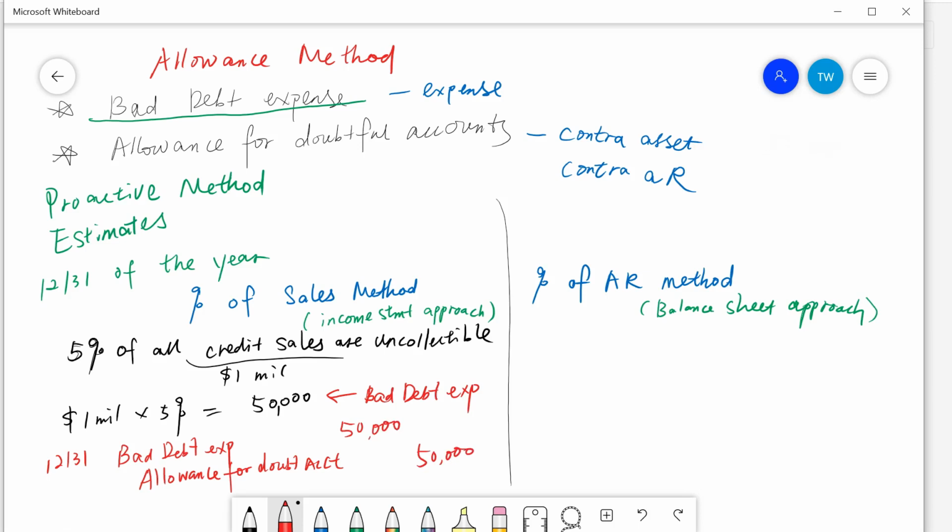Okay, now let's look at the percent of accounts receivable method. Let's say the company thinks that 2% of their accounts receivable balance is uncollectible, and this accounts receivable balance is 200,000.